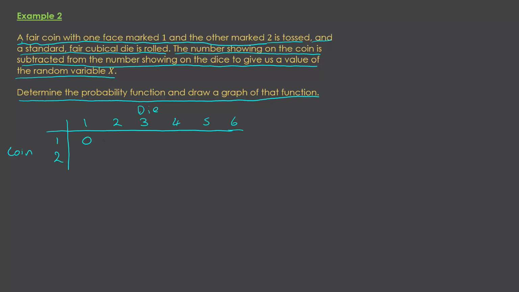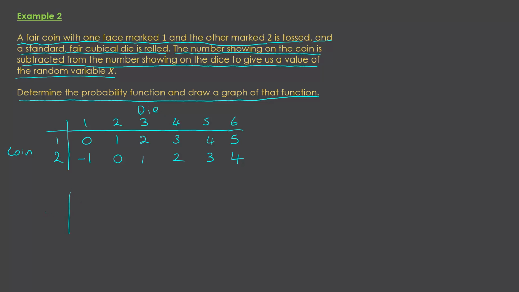And therefore the outcome will be 0, 1, 2, 3, 4, or 5. If we toss a 2 on the coin, then we'll subtract that. So we'll get -1, 0, 1, 2, 3, and 4.